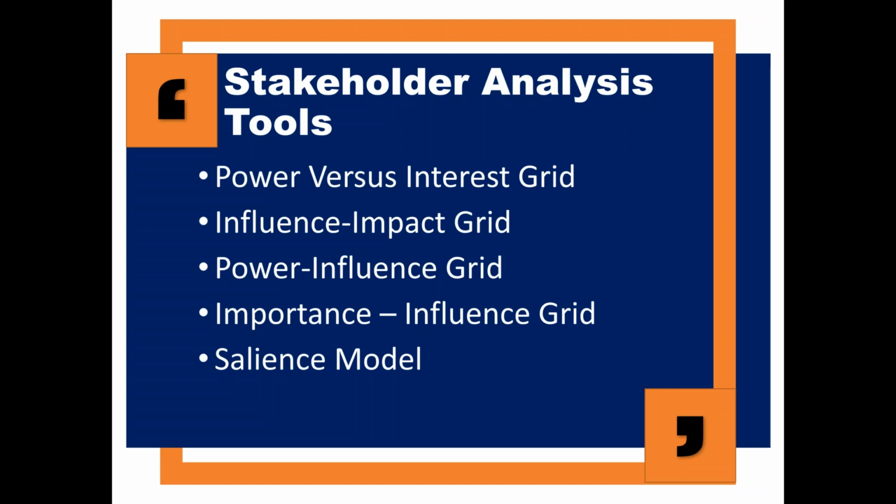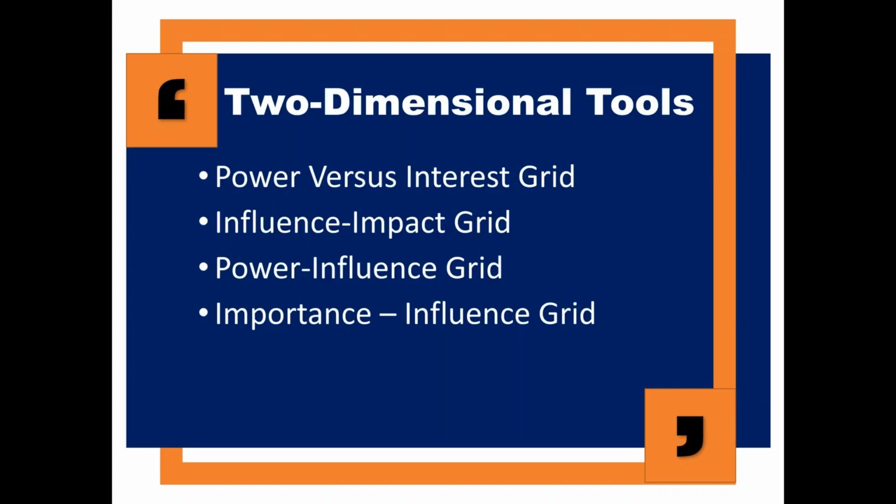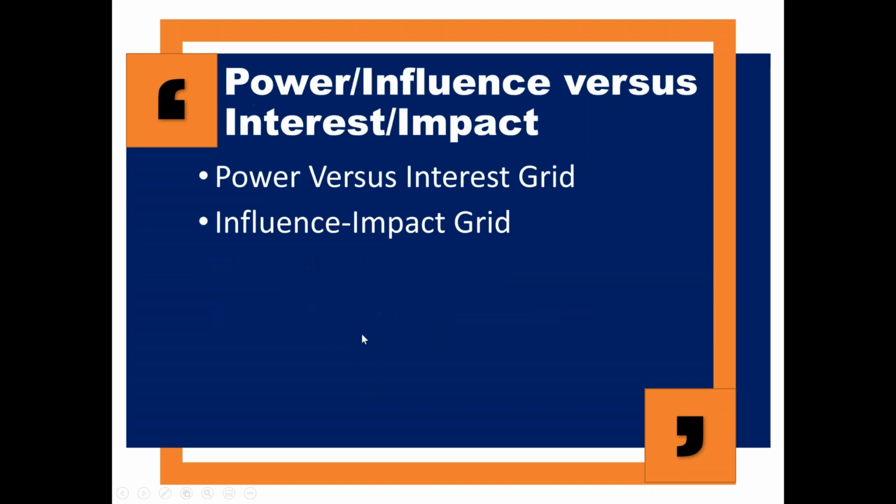We wanted to know more about the salience model and how it works, and I did find some good information about it. Anyway, first starting with the 2-dimensional models, as I said, we have power versus interest, which we studied a lot, and influence versus impact. Naturally, if you understand the power interest grid, you can match it up with any one of these different models.